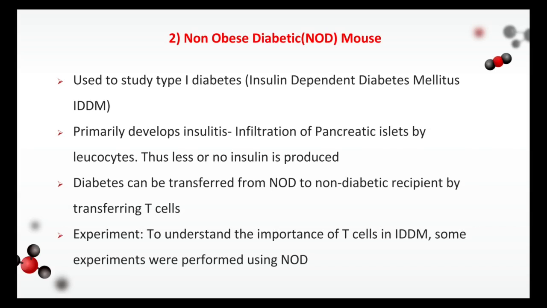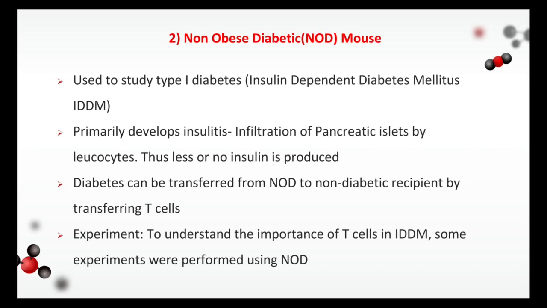From these leukocytes, T cells are the most important. These T cells are overreactive and do the most harm to the pancreas. So once these leukocytes are infiltrated into the pancreas, they start destroying Langerhans B cells. We all know Langerhans B cells are responsible for production of insulin.